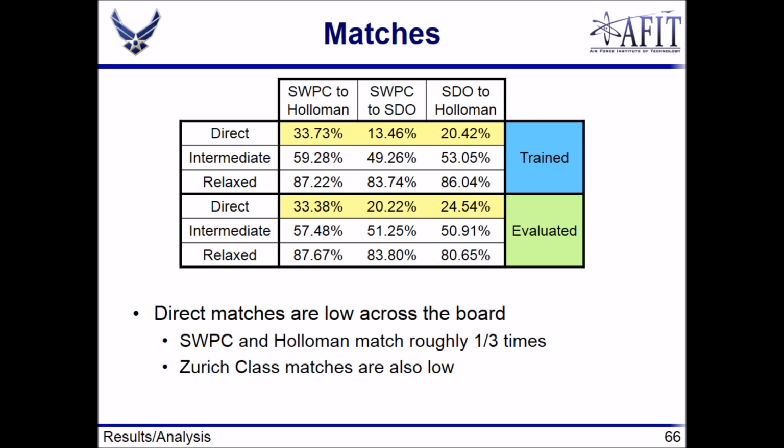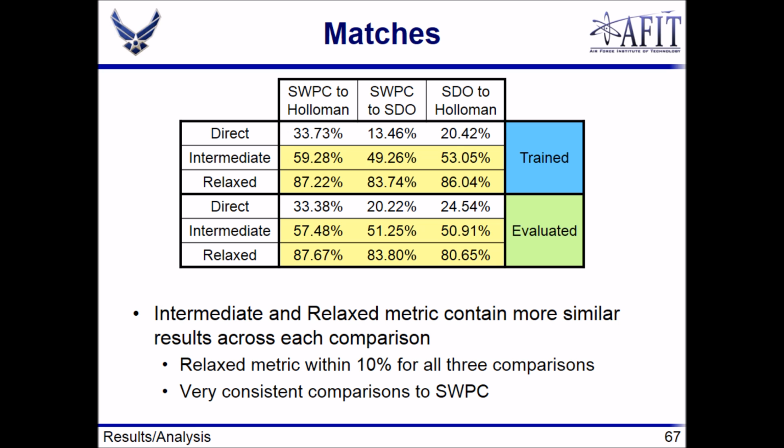The same is true of the SWPC to SDO, and we have some pretty low match percentages there. I want to highlight too, I have a trained data set at the top there, and then the evaluated data set at the bottom in green. So we see the 2 different sets of data that I looked at.